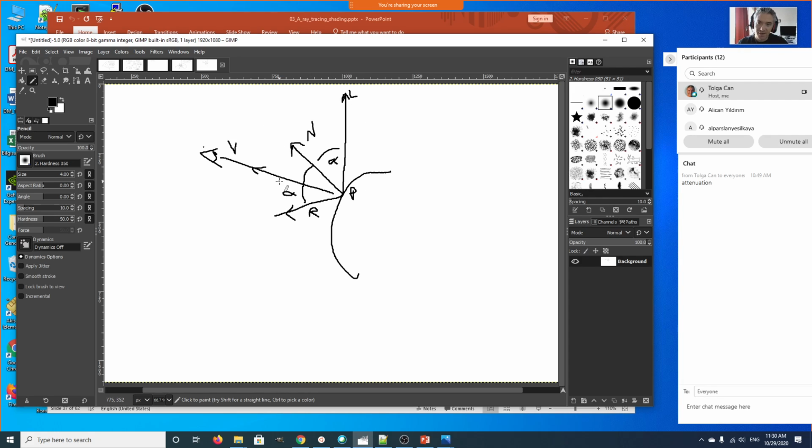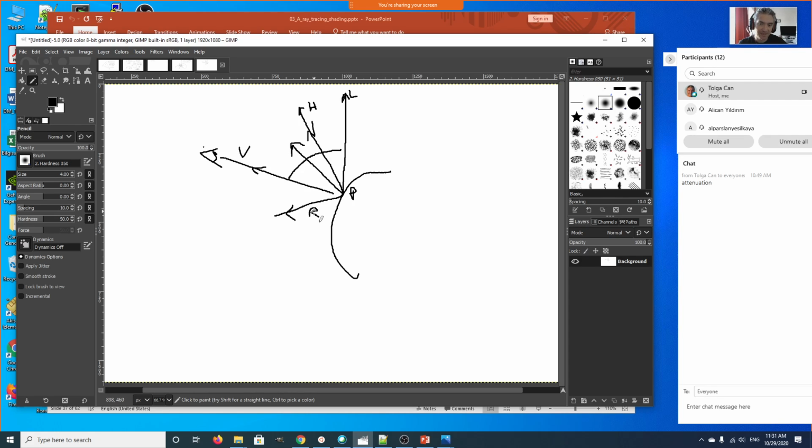Now, what we do is compute the half vector between V and L. Let's call it H. If this H and N are exactly on top of each other, what does it mean?